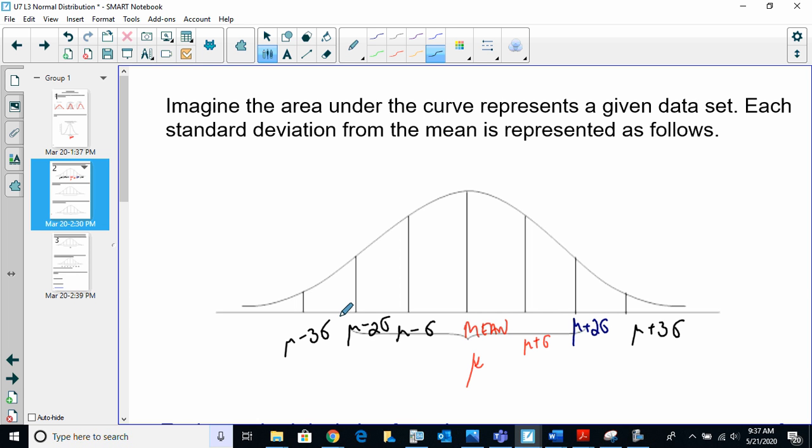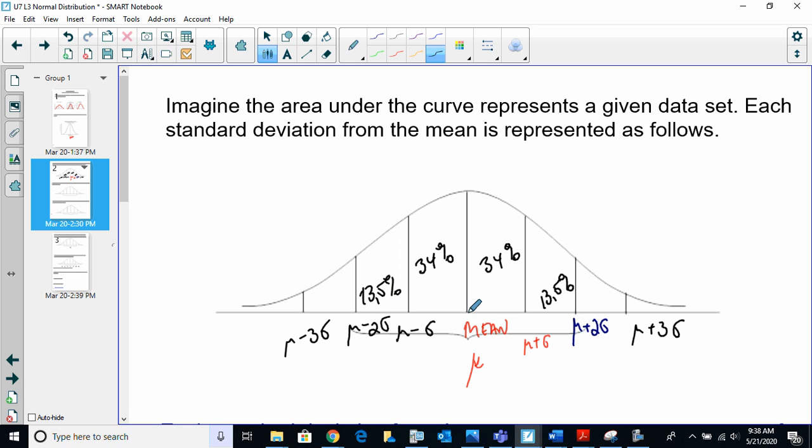Now, each of them represents a percentage. When we are moving from the mean to 1 standard deviation, we are gathering about 34% of the data. And then when we move in the sector between 1 standard deviation and 2 standard deviations, we will have 13.5% of the data, 13.5% in both of them.